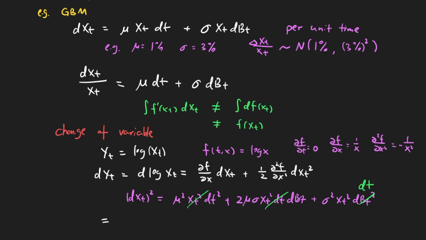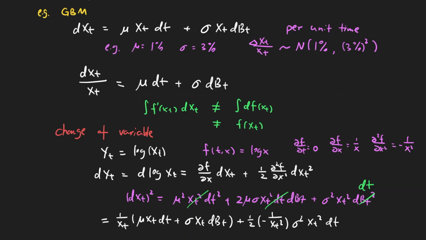So we'll have 1 over xt, and I'm going to swap out dxt as mu times xt dt plus sigma times xt times dbt, plus a half times the second derivative, which is minus 1 over xt squared, times sigma squared xt squared dt.